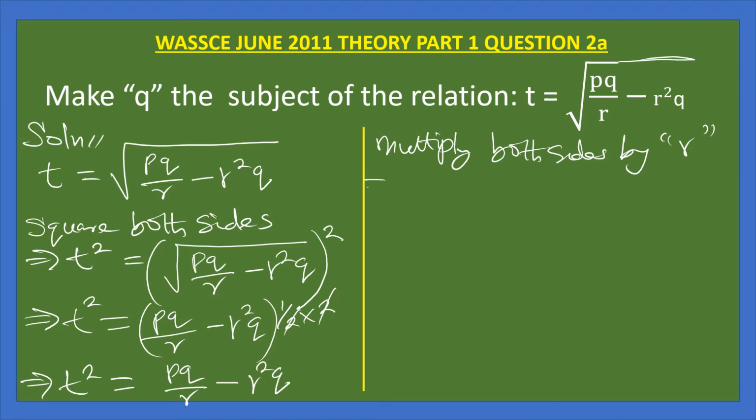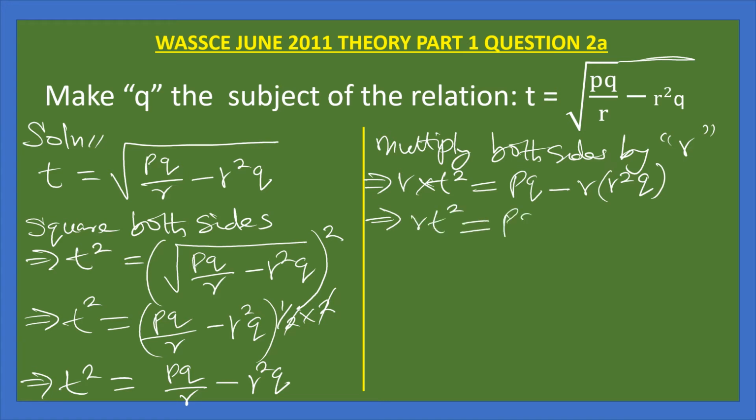So this now implies that we have R times T squared as equal to PQ minus R into R squared times Q. This gives us RT squared as equal to PQ minus R cube times Q.